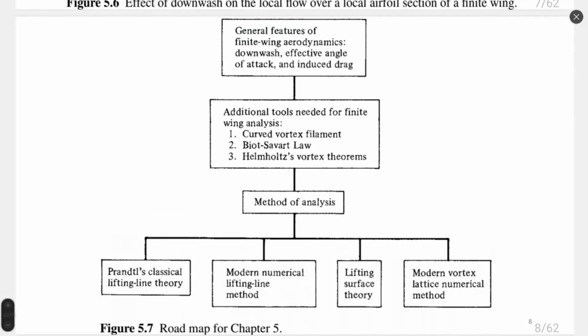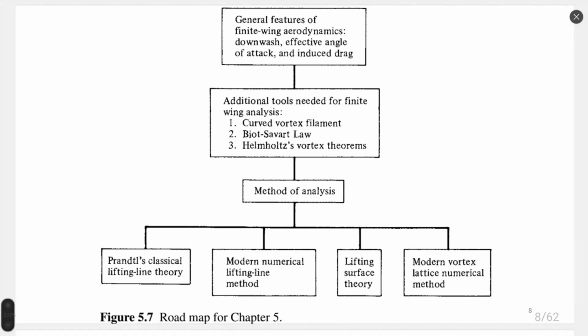The general roadmap for chapter 5 is the following: general features of finite wing aerodynamics, downwash, effective angle of attack, and induced drag. These concepts I just presented to you in relation to each other. Then we go to additional tools needed for finite wing analysis.